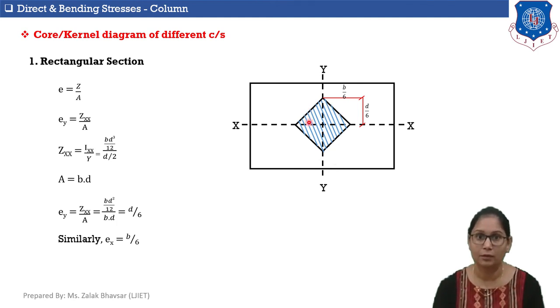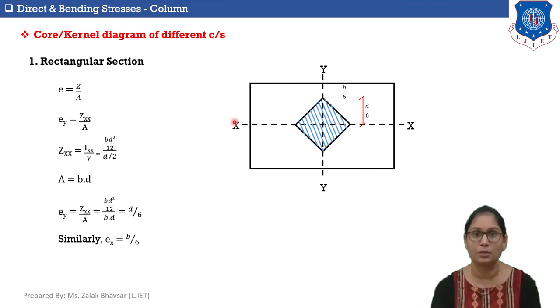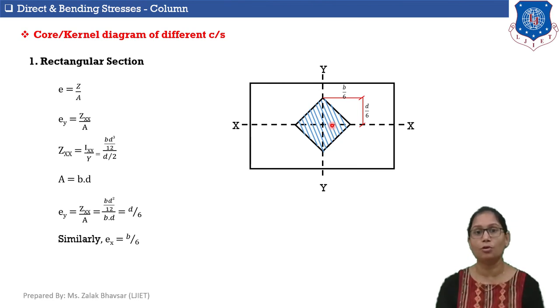So if I join all these 4 points, then I will get this central portion of the rectangular section. This central portion is known as the core or kernel of this rectangular section. And if the column is loaded within this central portion, then there will be no tension.